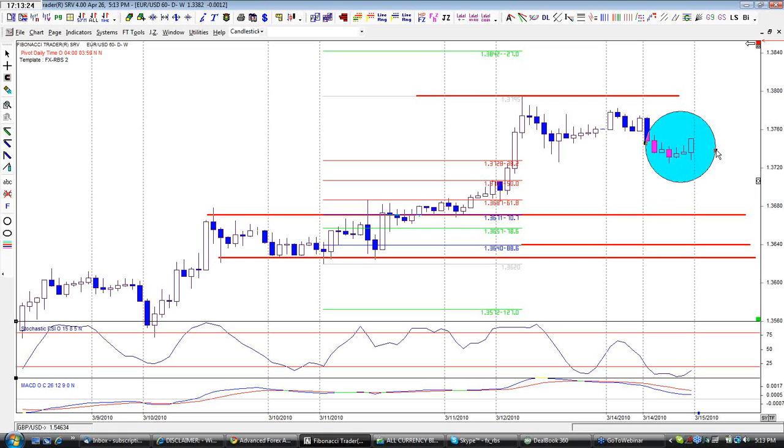Now I will move this circle here. Now this price, this convergence of the CD equals the AB times 2 and converging with the 86, is inside this zone.